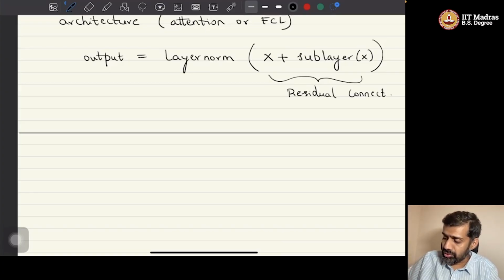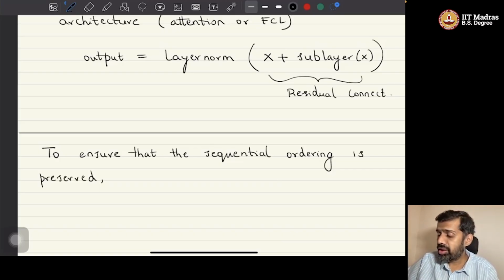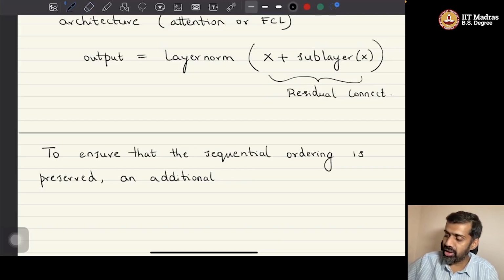Now, to ensure that the sequential ordering is preserved, an additional fixed temporal embedding vector is added to the input.